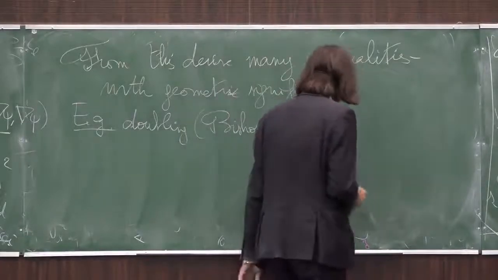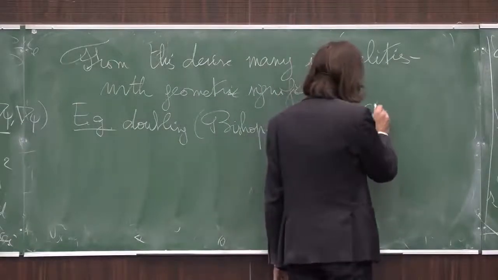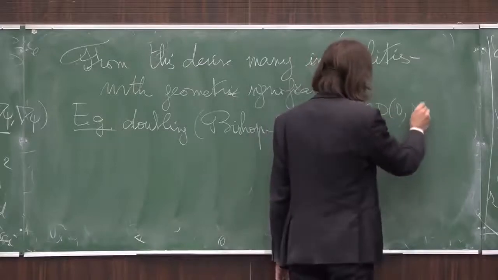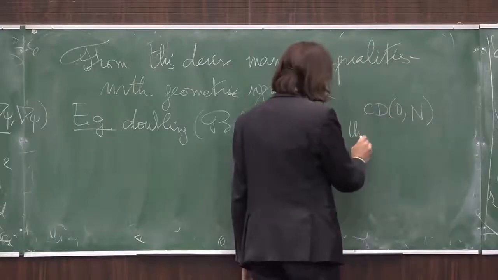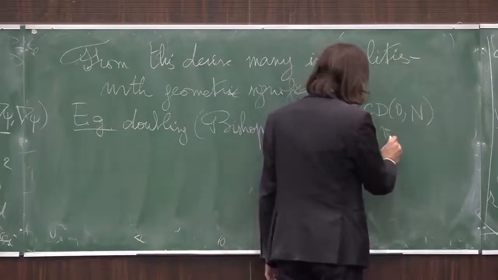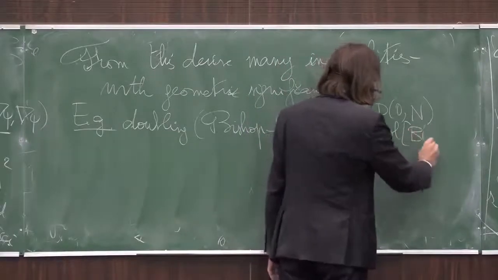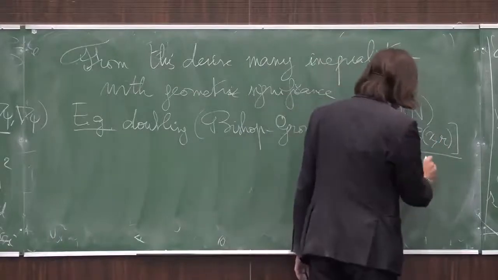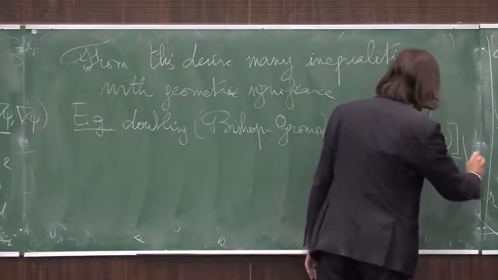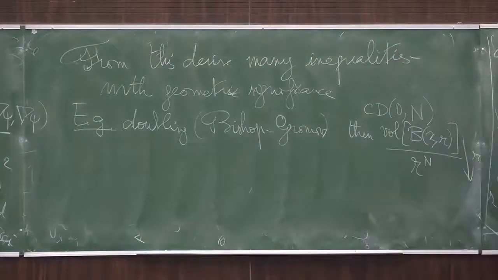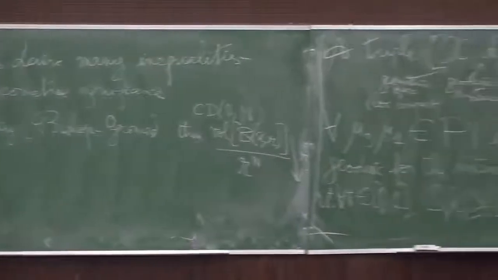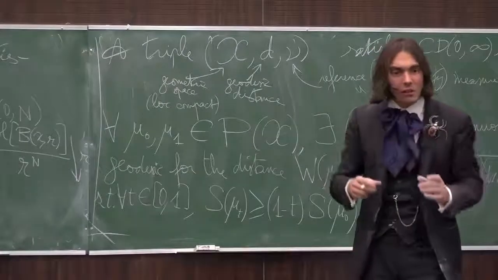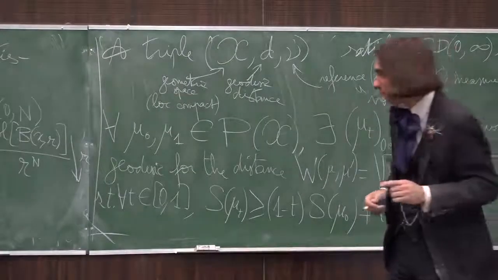One particular case is that if you have CD(0,n), then the volume of the ball of center x and radius r divided by r to the power n is a decreasing function of r. So the volume of the ball of radius r increases with r not faster than the volume of a ball in Euclidean space of dimension n.